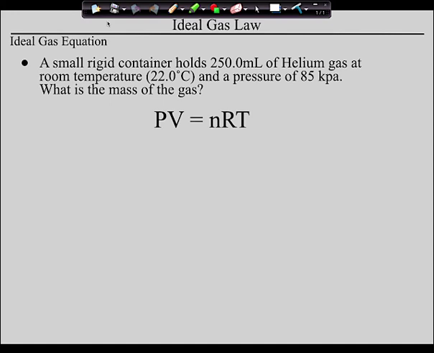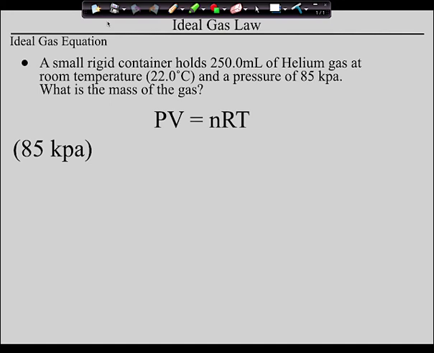Well, which one of these variables, if we were to solve it, could we convert into mass? Moles, right. So what we're actually doing is solving for moles, and then we can convert with one-step dimensional analysis into mass. So we're solving for moles, which means we need a pressure, which in this problem is 85 kilopascals.